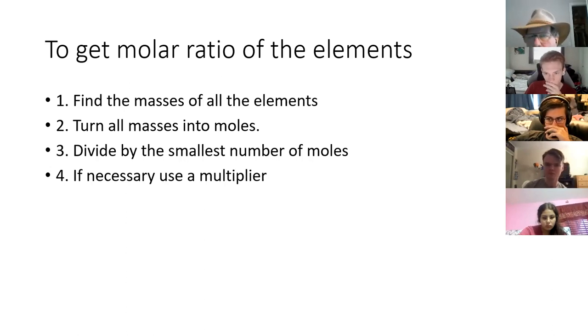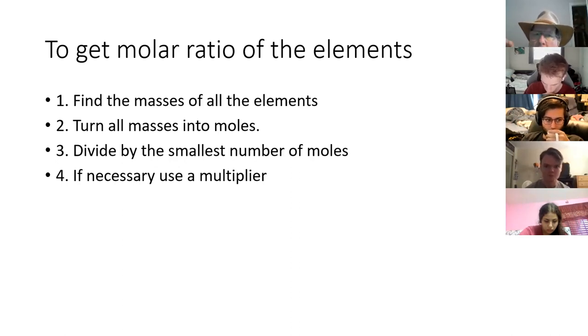Turn all the masses, divide by the atomic weight, turn all those masses into moles. Because remember, there is a molar ratio between the elements. There is not a mass ratio between the elements. Then, third step, once you have all the moles, look at the moles. Find the one that has the smallest number. Divide all of them by that smallest number.